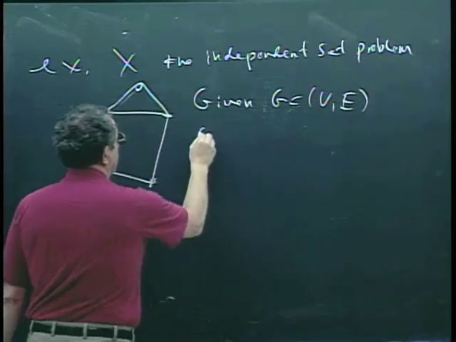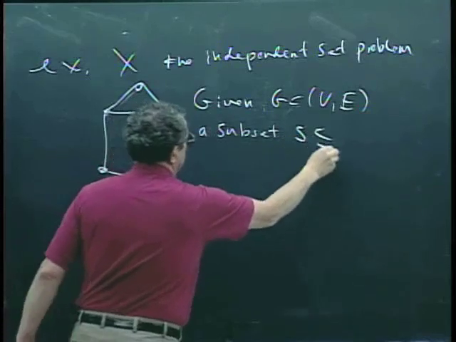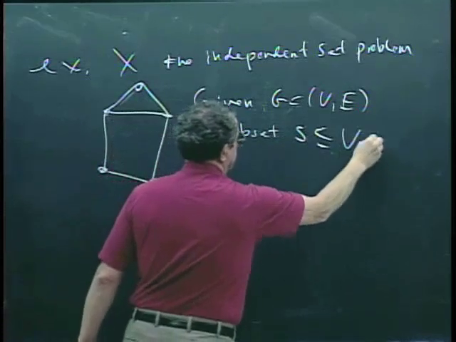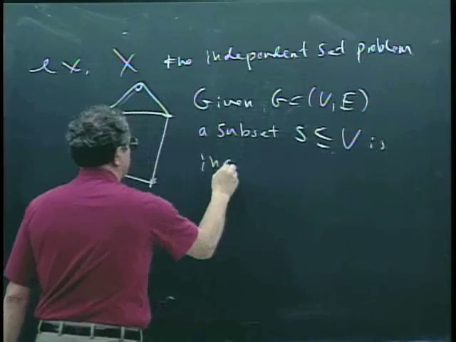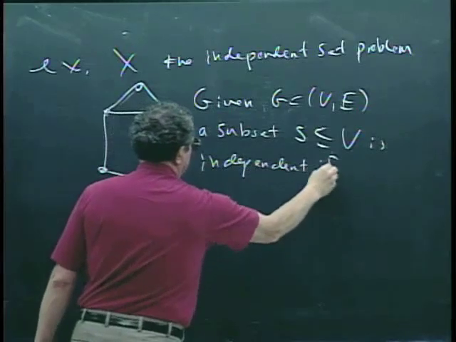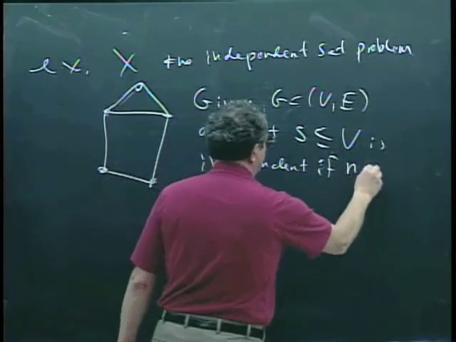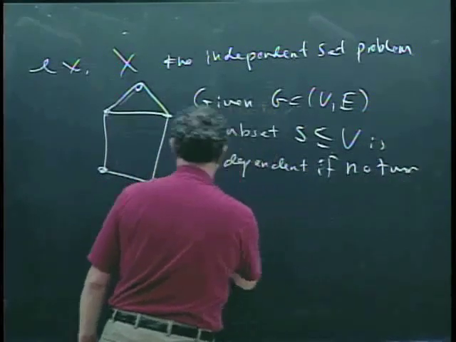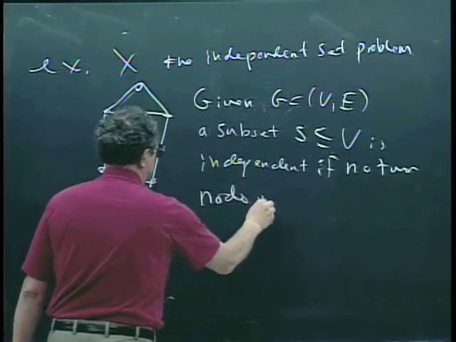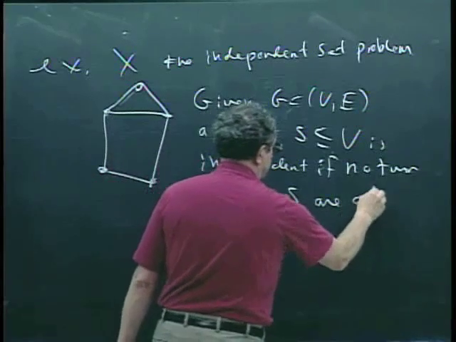A subset S of vertices is independent if no two nodes in S are adjacent.